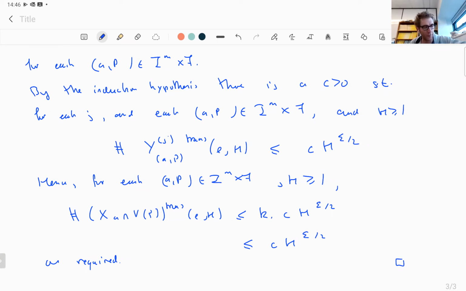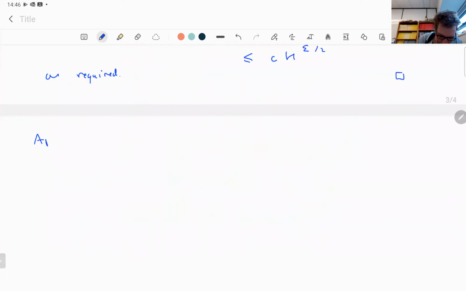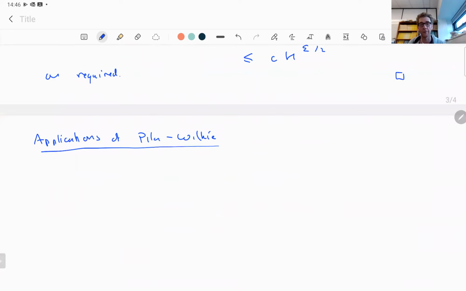The next thing I was going to talk about was applications of the Pila-Wilkie theorem. So this is now a bit different. There have been a lot of applications of it recently, in the last 10 years or so.